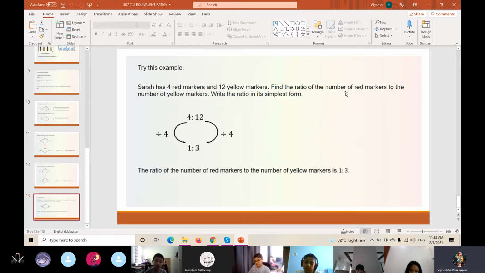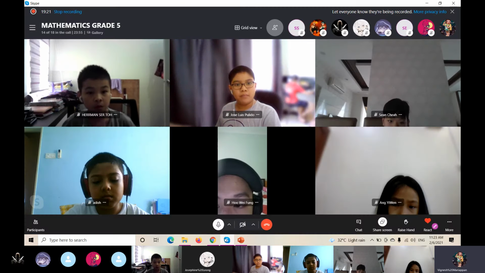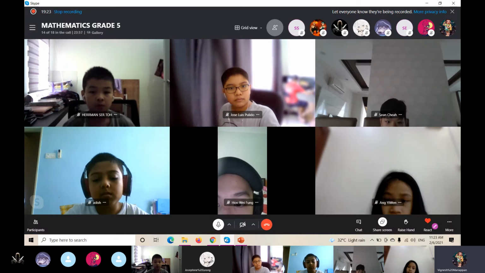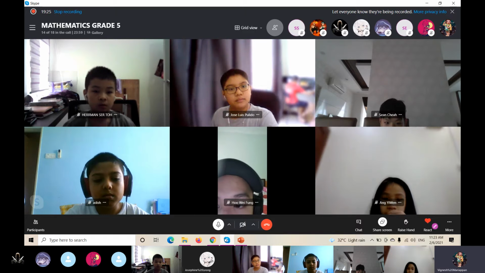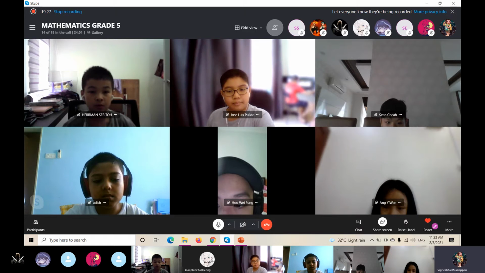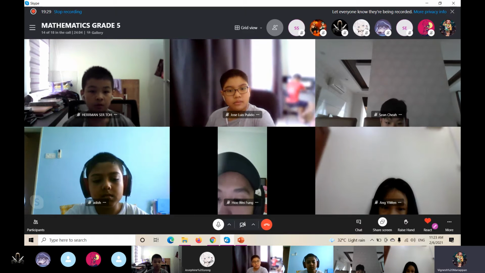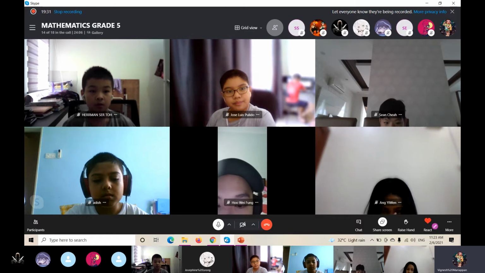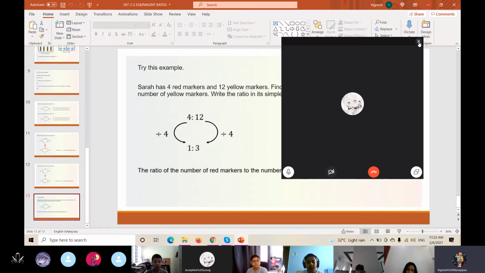Find the ratio of the number of red markers to the number of yellow markers. But this one is very easy. Usually teacher will give you tougher word problem questions in your exam. Sometimes the answer is given and you have to find the question. So don't expect me to give the easiest one, but this one is the easiest example.